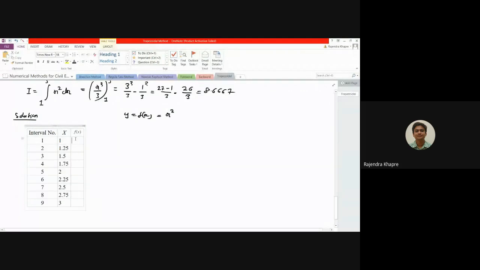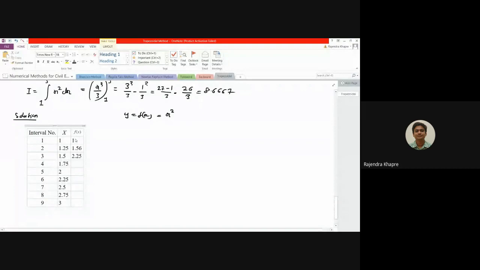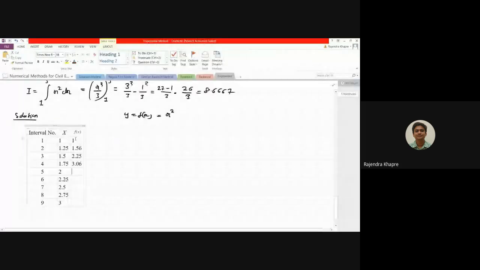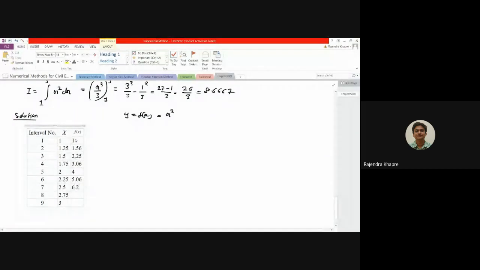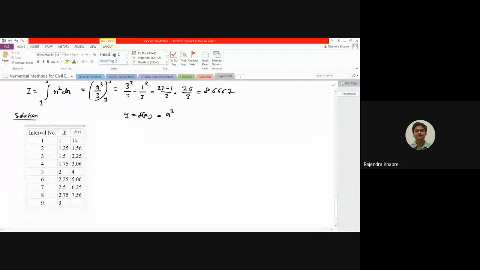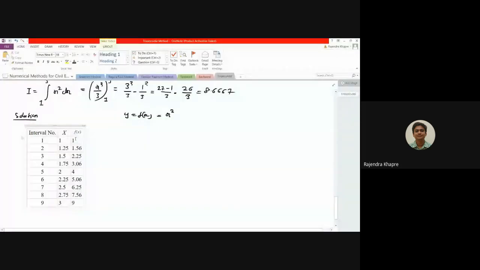I think this is 1. Then we have 1.56, this is 2.25, and this is 3.06. Okay, this is 4, this is 5.06, this is 6.25, this is 7.56, and lastly this is 9. So these are the y values.